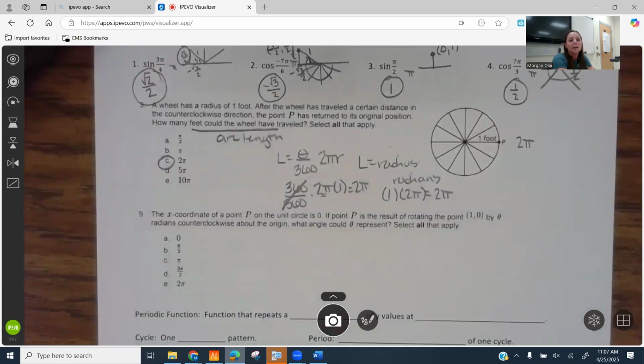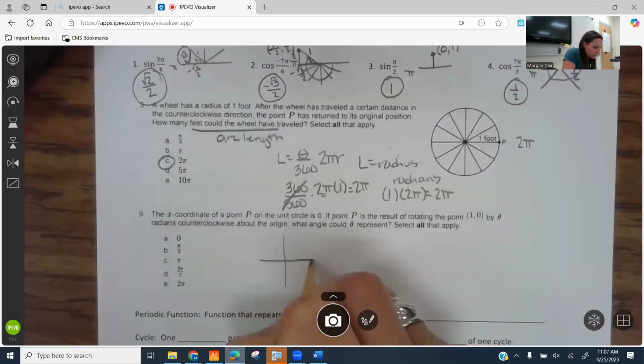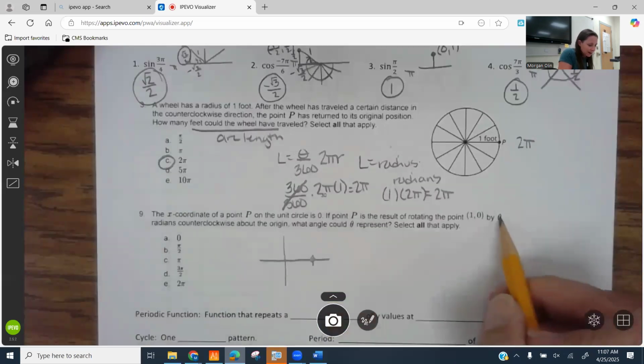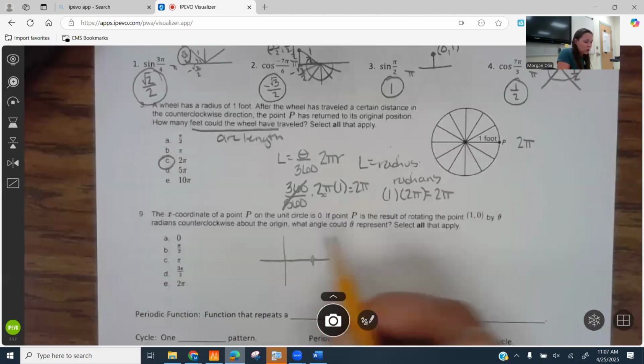And number 9, the x-coordinate of a point P on the unit circle is 0. If point P is the result of rotating the point 1, 0. Okay, so hold on, let's start there. The point 1, 0 here. So we're rotating this by theta radians counterclockwise about the origin. What angle could theta represent?